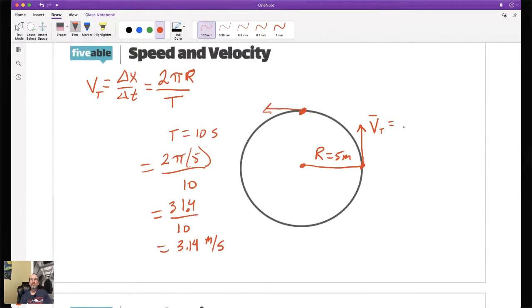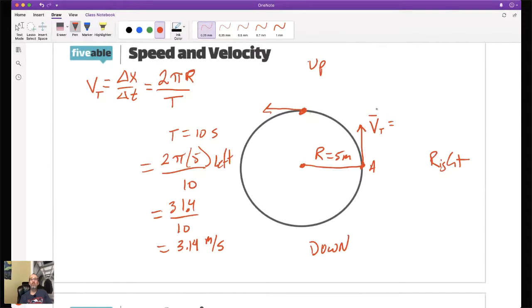But our tangential velocity here, let's call this up, okay? Let's call this side down. Let's call this side right. And let's call this side left. So if I'm at point letter A, what is my speed? Well, my speed is 3.14. We already found that.